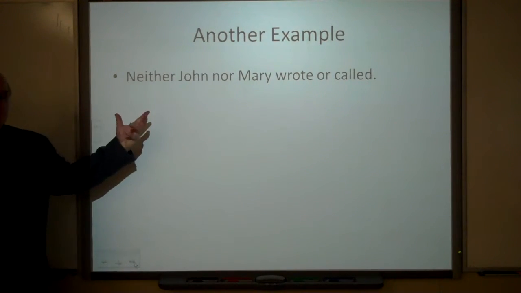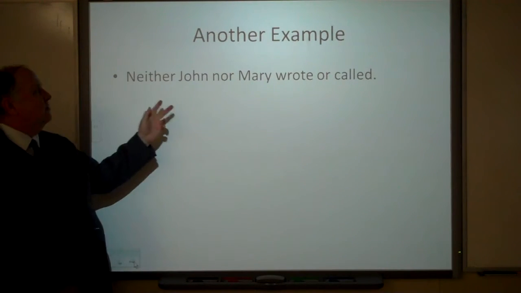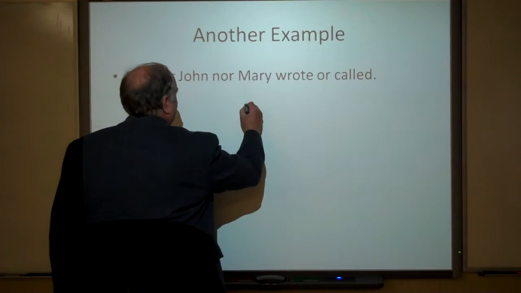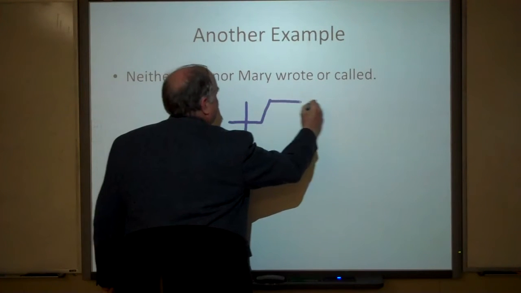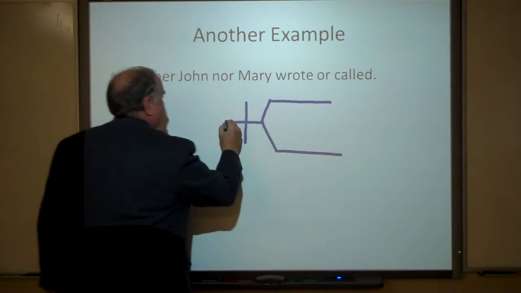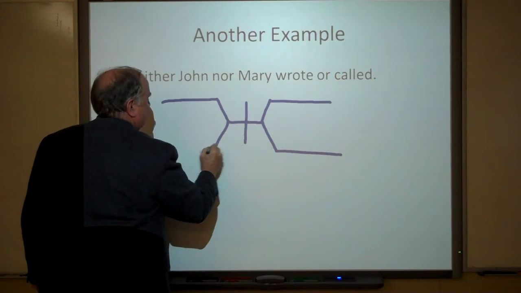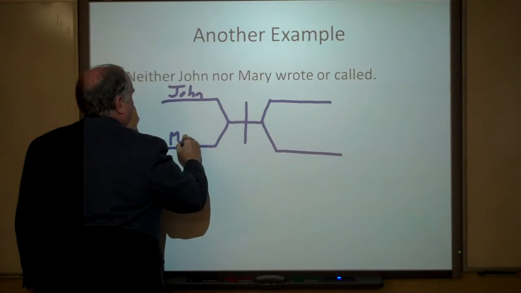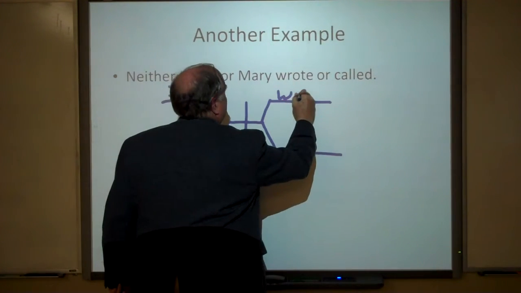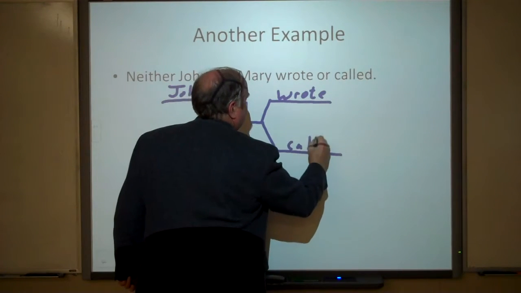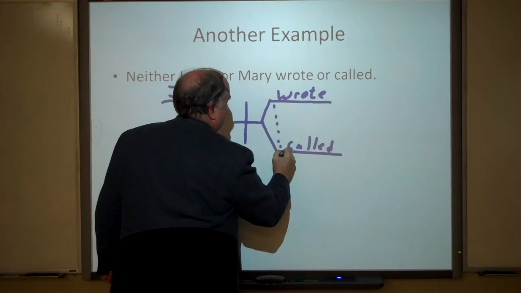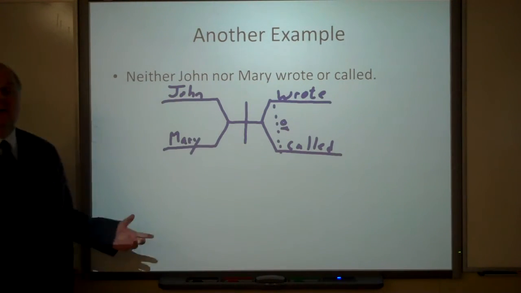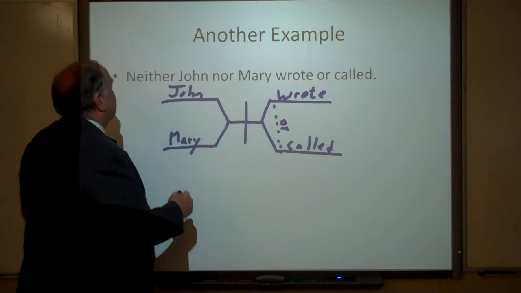Now this one has a compound subject and a compound verb: neither John nor Mary wrote or called. So in this case, both the verb and the subject split. John, Mary, wrote, called, and the conjunction or goes on the dotted line. Now in this case we have a correlative conjunction, which has two parts, neither and nor.